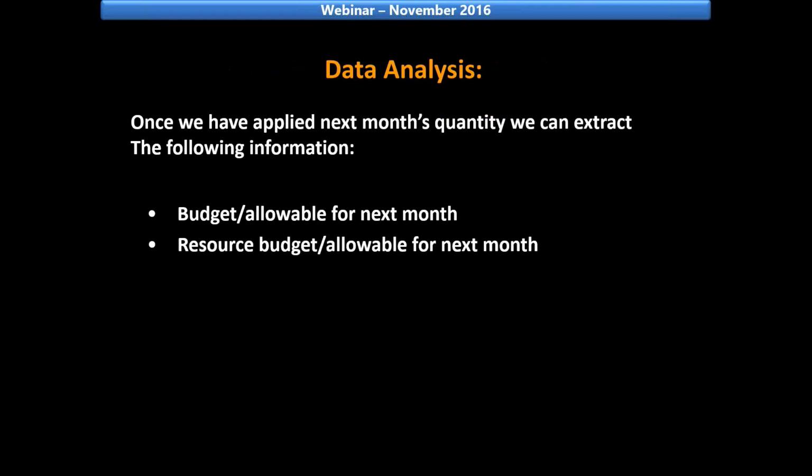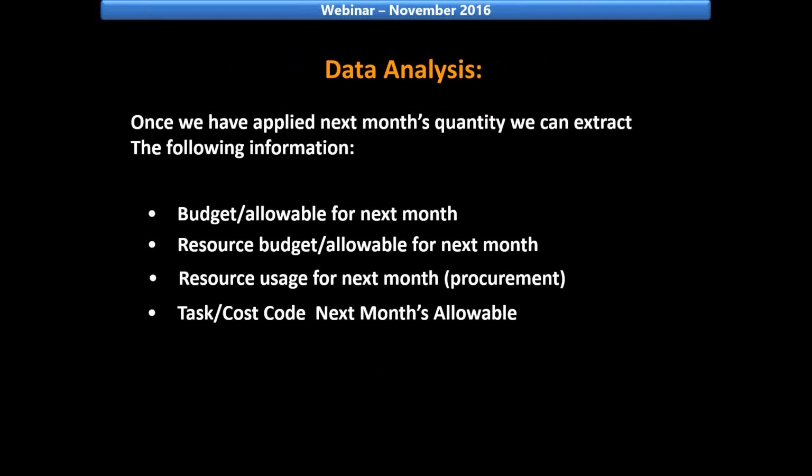We can also go view our resource budget or allowable for the following month. We can get a report which will show us the resource usage for next month, which is very helpful to the procurement guys.